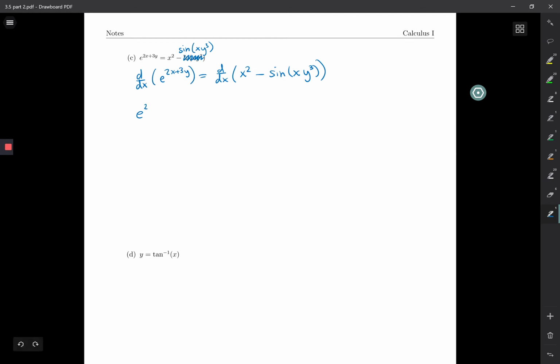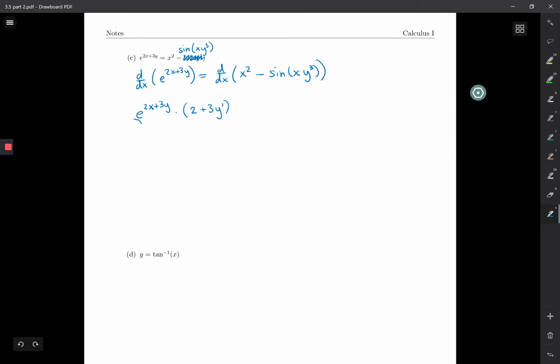We leave that there. So it will be e to the 2x plus 3y, and that is the derivative of the outside function multiplied by the derivative of the inside function. The first piece is just going to be 2 because the derivative of x is 1, and then the second piece will be 3 times the derivative of y, so that will be y prime on that piece.